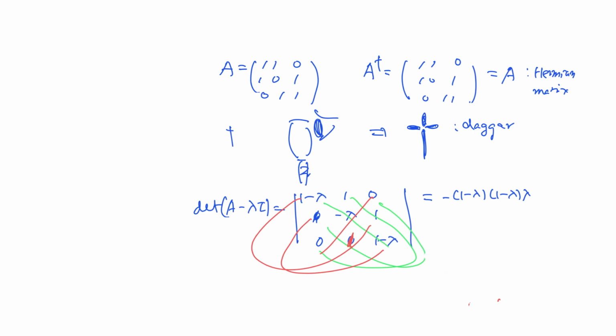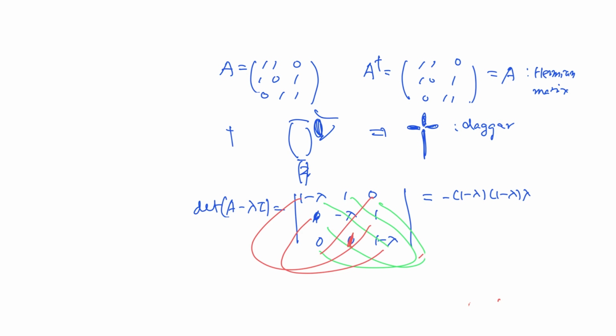So we have, okay, I must be getting old. 1 minus lambda, and this is 1, so we have again 0.